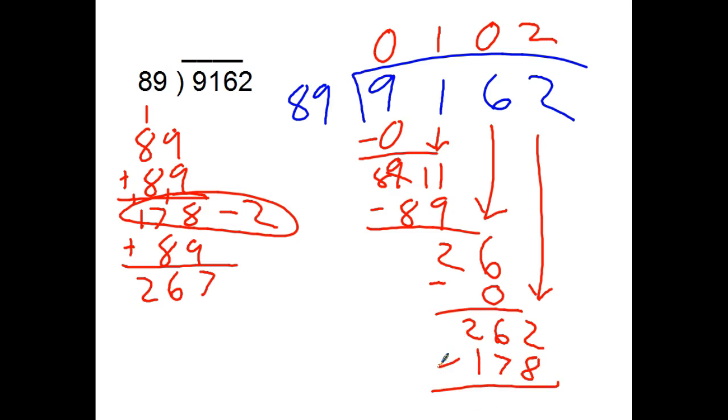I'm going to have to do some subtracting. 2 minus 8, borrow. 5 minus 7, got to borrow again. 15 minus 7 is 8. Remainder 84. It's probably the biggest remainder we've had so far. 102, remainder 84.